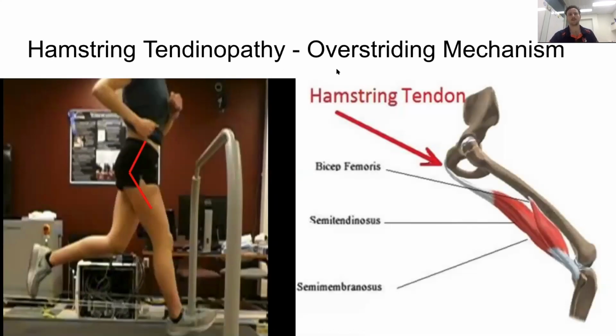So talking about hamstring tendinopathy now, you see this lady here running and she's taking a big long stride out, and an increase of that hip flexion angle will have a bit of a stretch on the hamstring tendon behind the ischial tuberosity there. So the biceps femoris tendon is going to get compressed around and irritated, and a possible tendinopathy occurs.